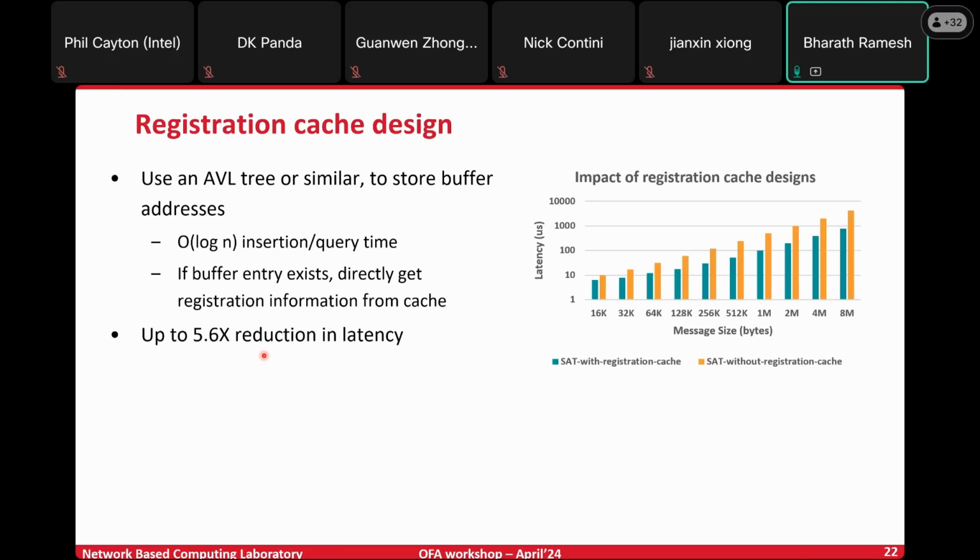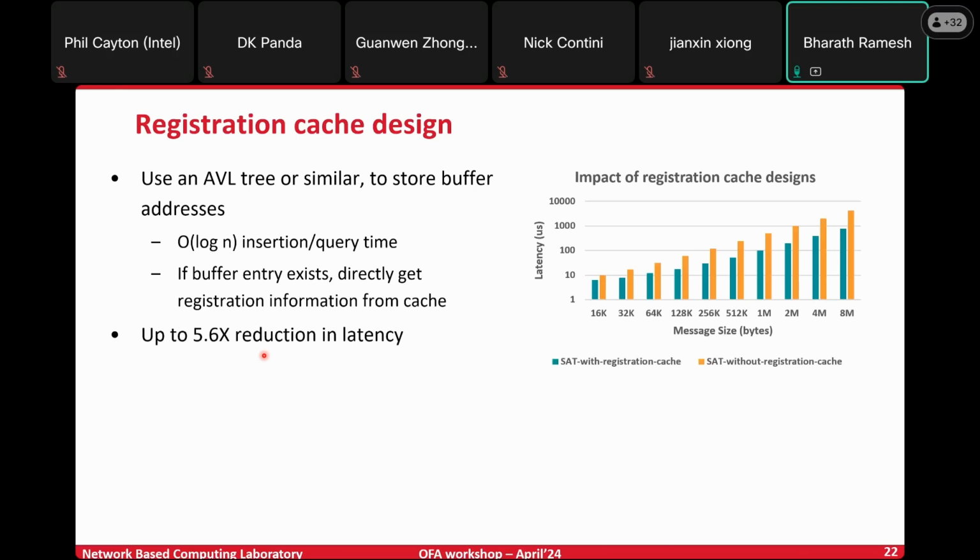For our registration cache design, we use a standard AVL tree. Further data structure optimizations aren't really required because traditionally the number of buffers that are used with allreduce aren't huge, so an AVL tree just works really well.